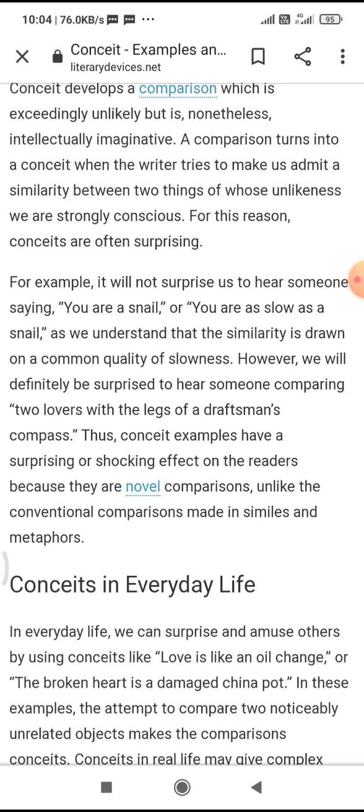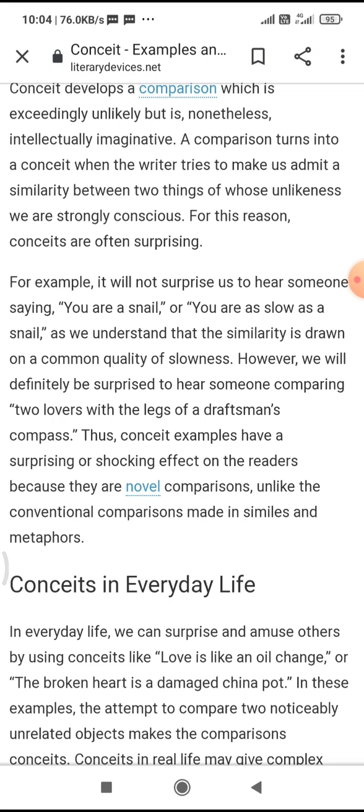There are two long parts of the compass, and these have been compared with two levers, so that is entirely different and surprising.